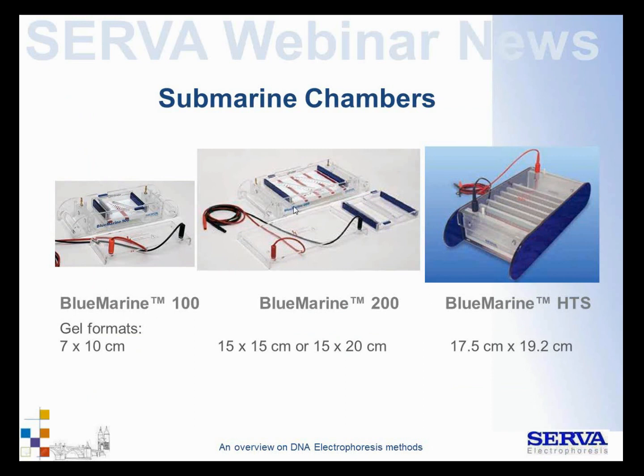Here you can run longer separation distances, or if you have more samples, you can run a higher number of samples just by forming different rows of pockets using several combs. So you can run them in short distance in different positions. And with the red color here, you can see the marker for easier applying of the samples. The same is the case for the Blue Marine HTS.